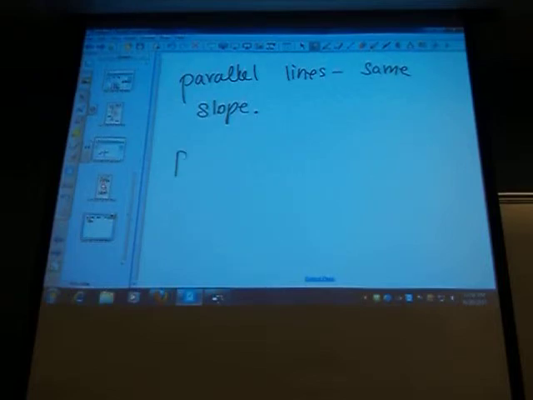What about perpendicular lines? It's the reverse, which is called the reciprocal.